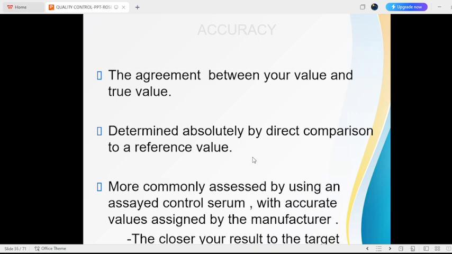That is the agreement between our value and the true value, determined absolutely by direct comparison to a reference value. More commonly it is assessed by using an assayed control serum with an accurate value assigned by the manufacturer, and we compare our value and the manufacturer's value.